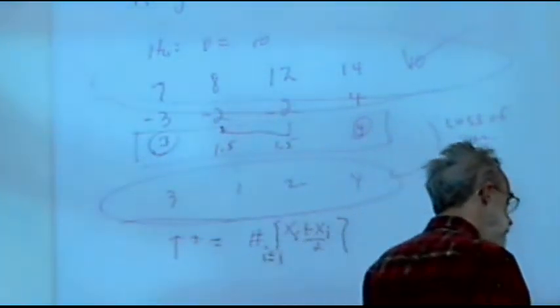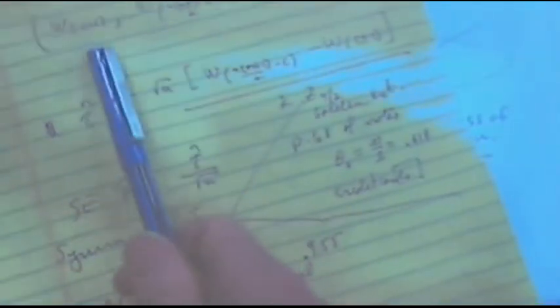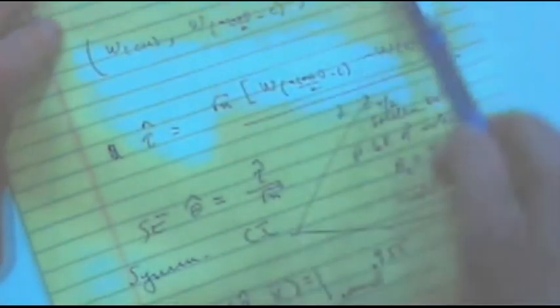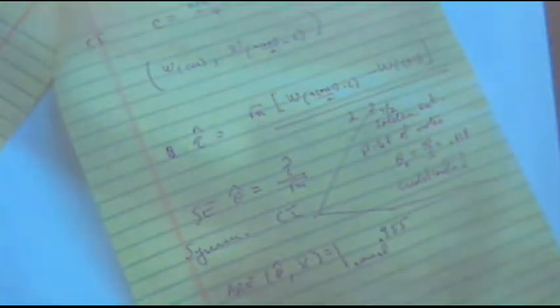Are there any questions on this? The estimate's the median of the Walsh averages, right? And then the confidence interval is just those ordered Walsh averages, where the C value is different than the sign test value.